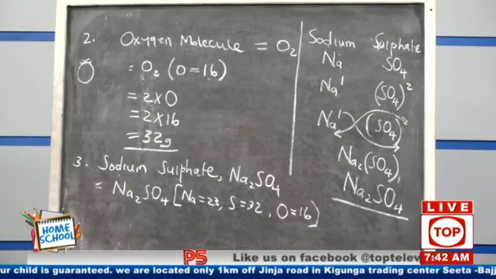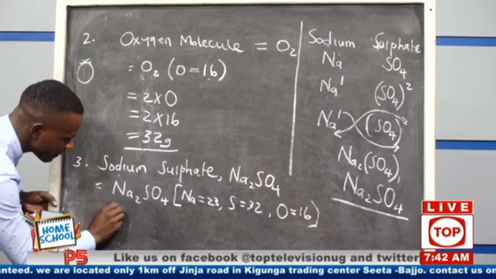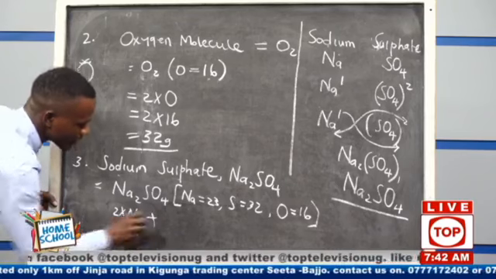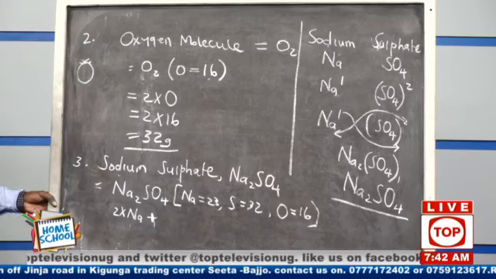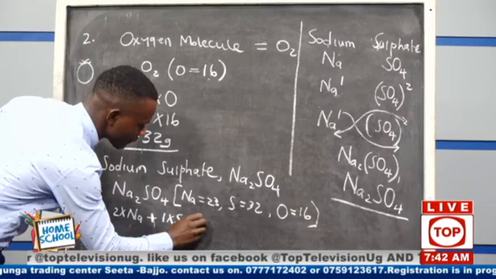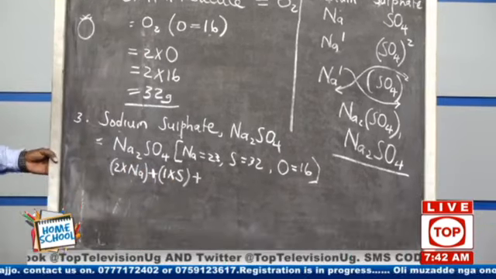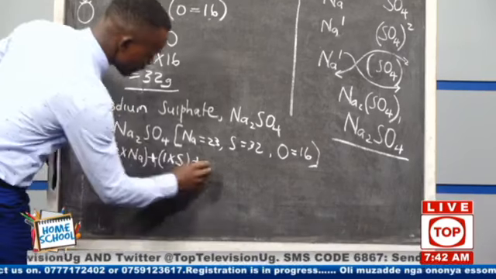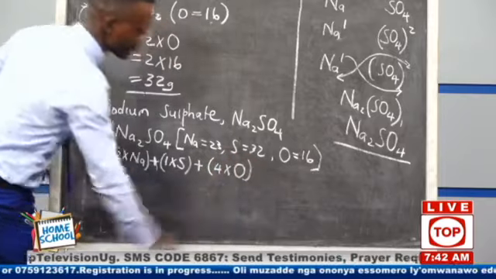Then you say atoms present. You start by saying there are 2 atoms of sodium plus sulfur. It is 1 times the atom of sulfur plus, you can use brackets here. Okay? You say oxygen, there are 4 times the oxygen atoms.